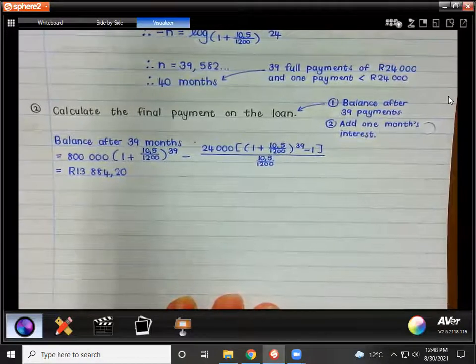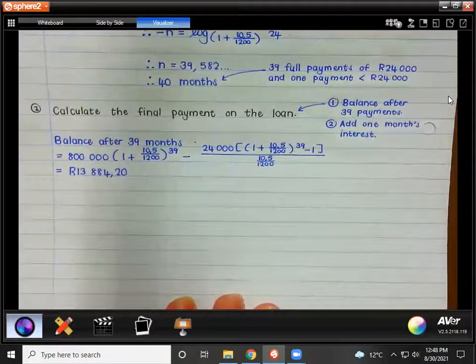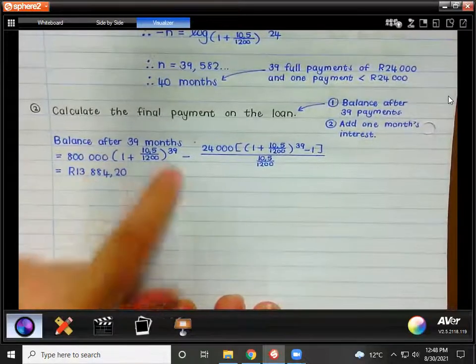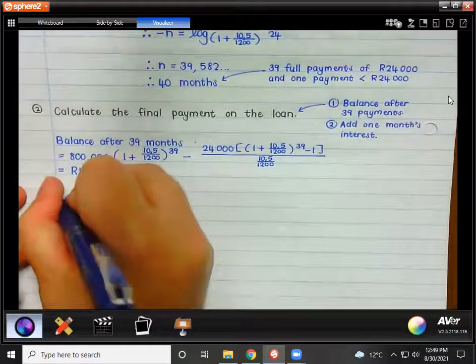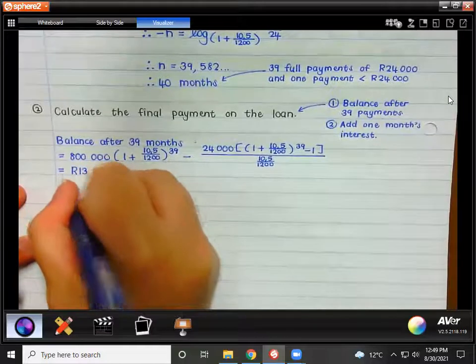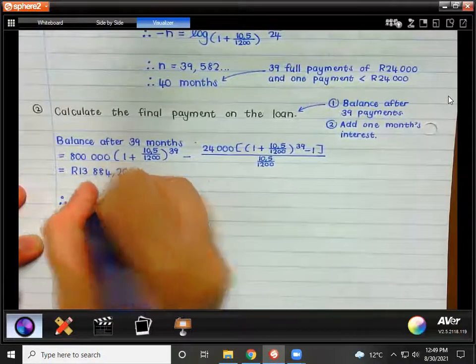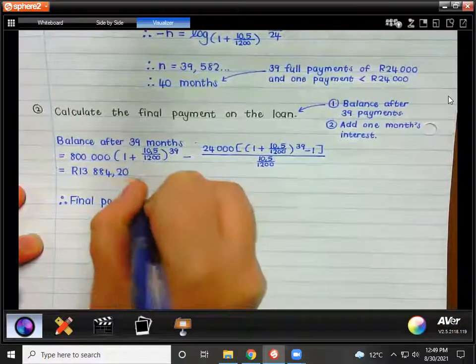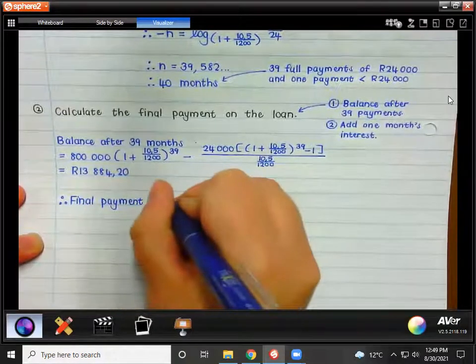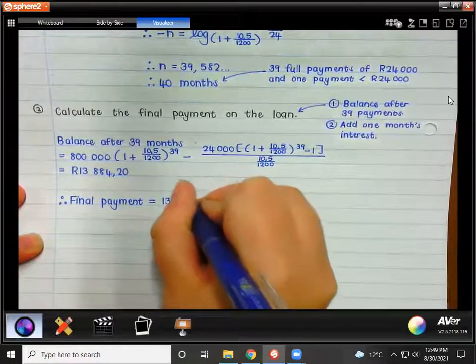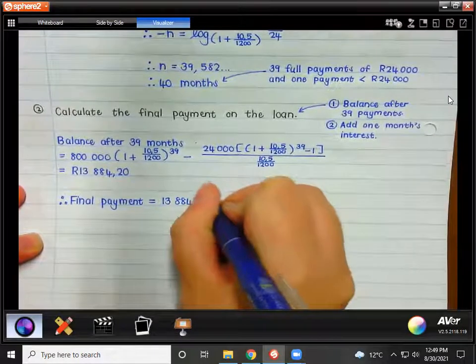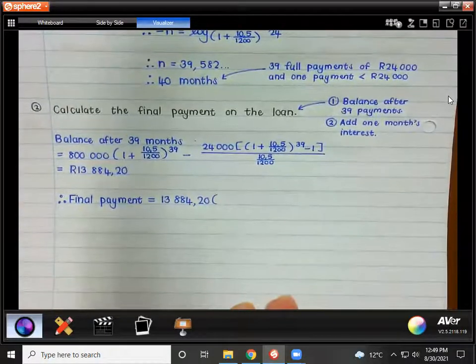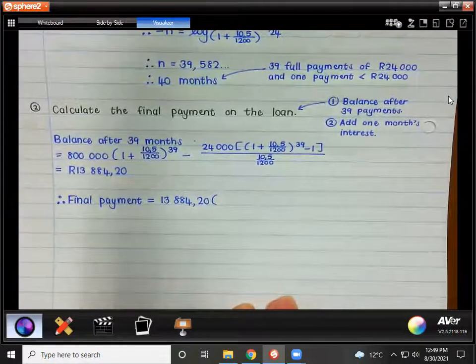But by the time you're going to make your 40th payment, another month would have passed. Okay, so that is why you must then add 1 month's worth of interest to this. So therefore, your final payment. What formula do we use to just add a month's worth of interest? That normal A equals P bracket 1 plus i to the power of n.